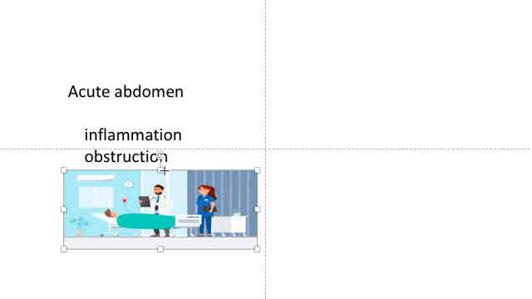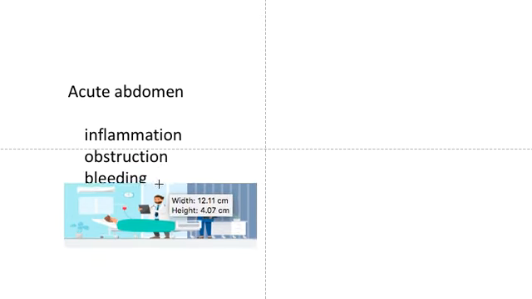Then the obstructive pathologies. Any hollow viscus getting obstructed again presents with acute abdominal pain, like the cystic duct obstructing causing biliary colic, the ureter causing ureteric colic, or the intestine getting obstructed.